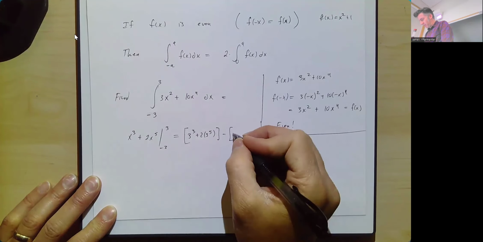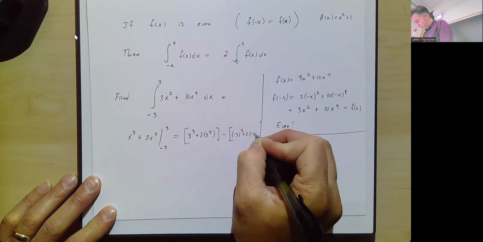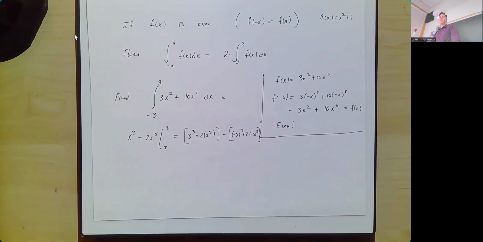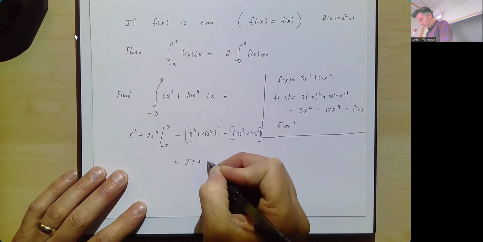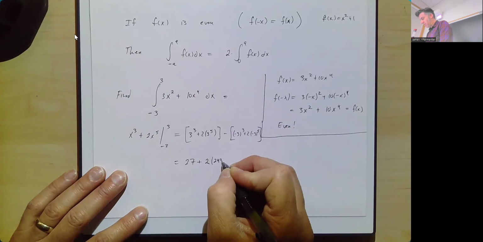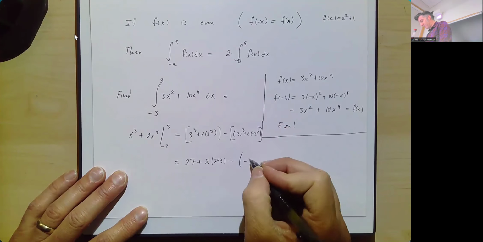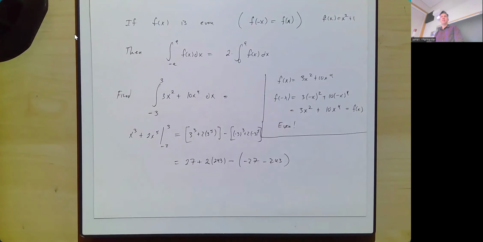Minus, plug in -3, -3 cubed plus 2 times -3 to the 5th. And it's just kind of gross, right? 3 cubed is 27 plus 2 times 3 to the 5th, which is 243, minus, and then you've got the other part. It's a recipe for making mistakes.